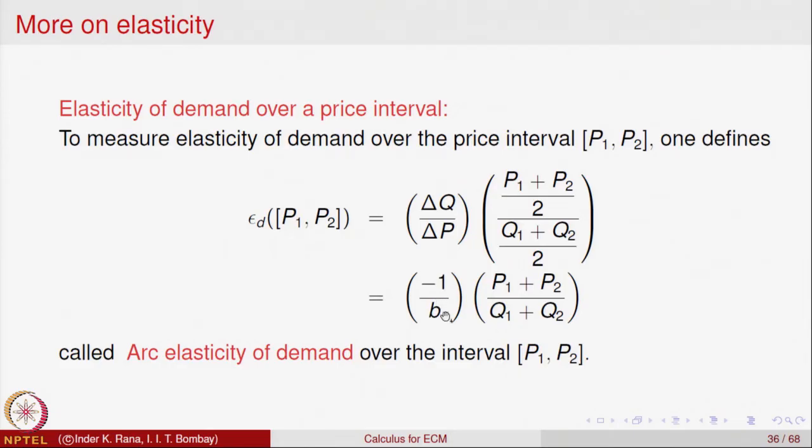So, we get minus 1 by B, (P1 plus P2) divided by (Q1 plus Q2). So, normally the coefficient of elasticity of demand in the interval P1 to P2 is also called arc elasticity of demand over the interval P1 to P2. So, that is also the name given to this number.